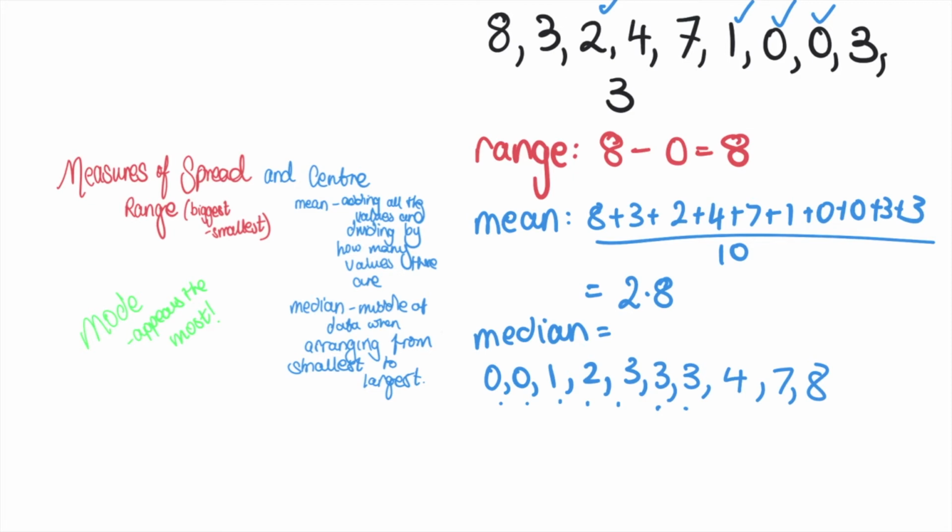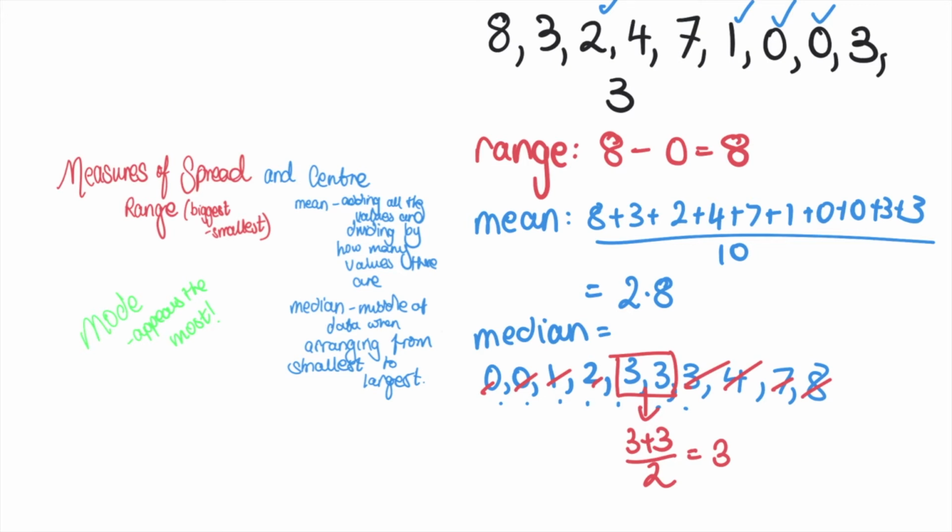So now we've got to find the middle, and the way we do it is by crossing out the biggest and the smallest till you reach the middle. So let's do it. Biggest, smallest, biggest, smallest, biggest, smallest, biggest, smallest. Whoa, hold up. We have got 2 numbers. When you've got 2 numbers, you have to find the mean, or the average, of the 2 of them. So add them together, divide by 2. 3 plus 3 divided by 2 is 3.